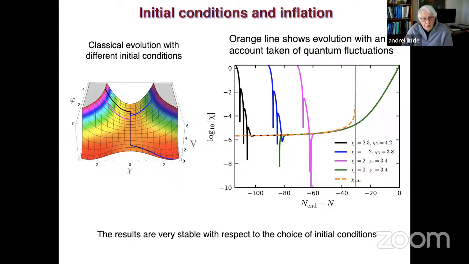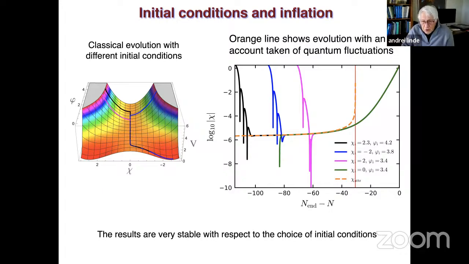If we study the evolution of the fields starting from large values of the fields phi and chi, then the final results do not depend on these values. So this is a very nice property of stability of whatever happens with the theory in the end with respect to the choice of initial conditions.